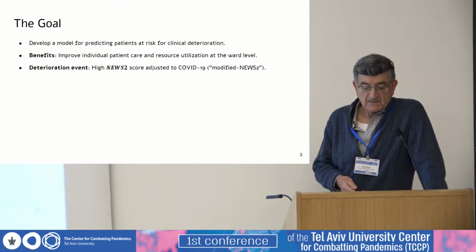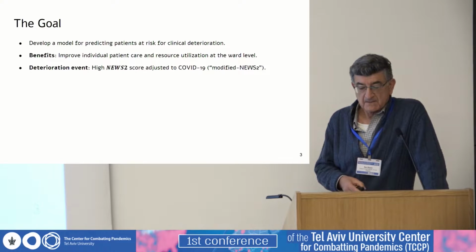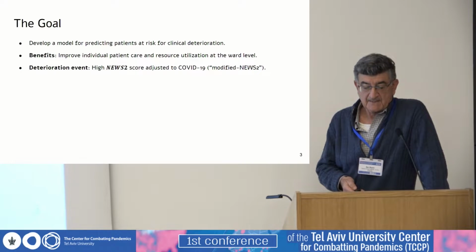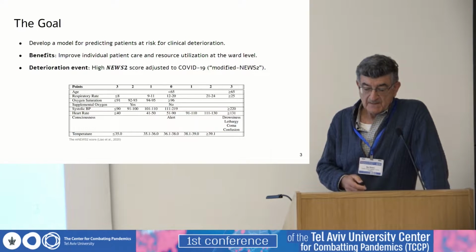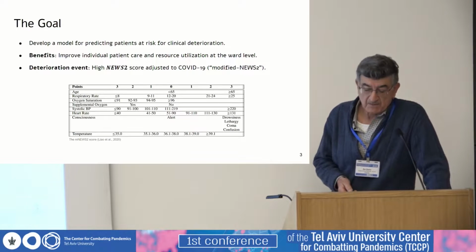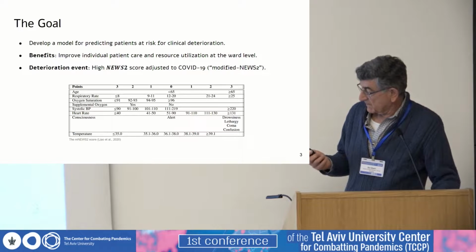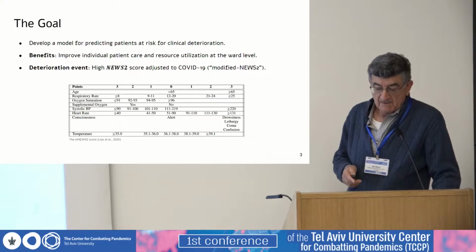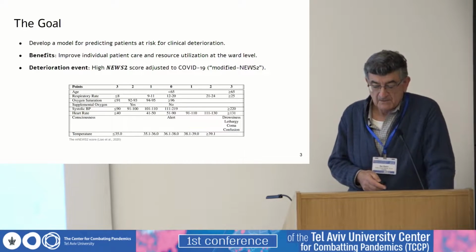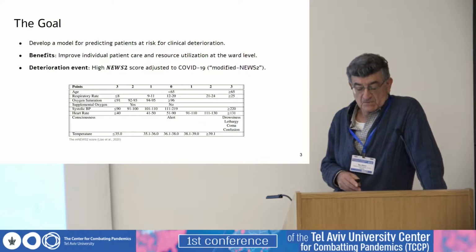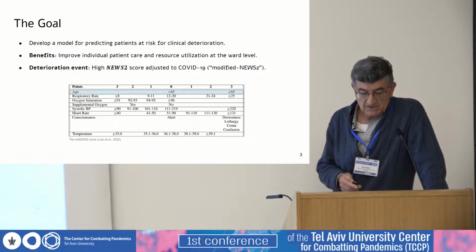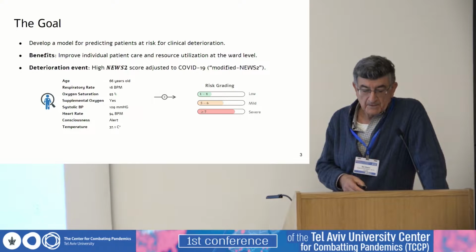So how do we define a deterioration event? There is a classical early warning score, which is called NEWS2, and it was adjusted to the COVID disease. So these are the parameters that get into the score, and each value of the parameter gives points, and it's simply a scoring point system.